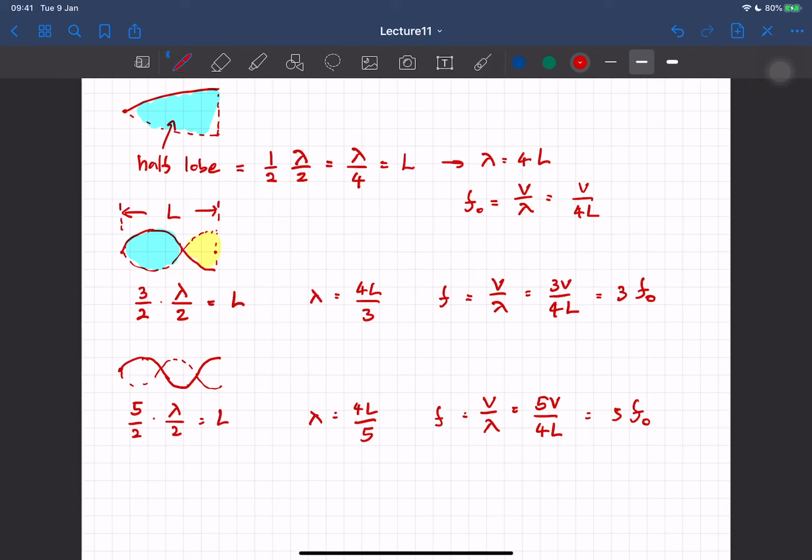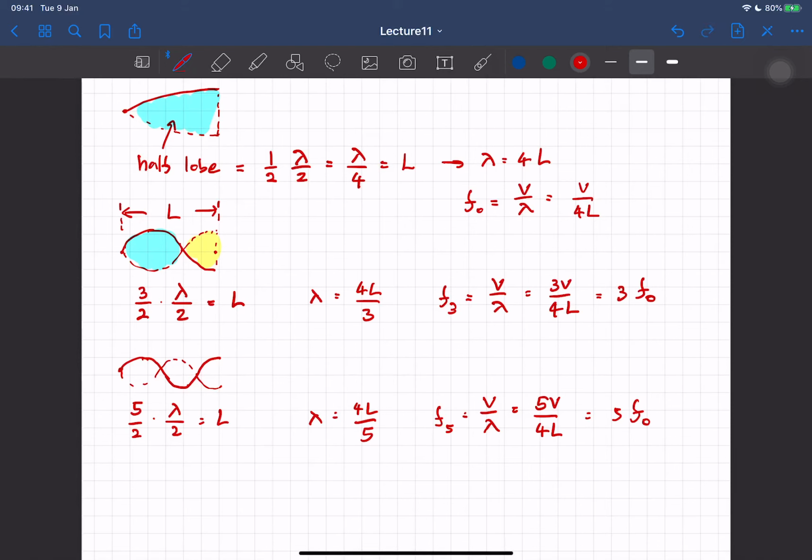And if it's 3 times f0, there's no reason to call this the second harmonic, because we want to keep the term harmonic such that the second harmonic is twice the fundamental frequency, the third harmonic is 3 times the fundamental frequency. In this case, even though it's the next one happening here, we don't call it second, we call it third harmonic, because it's still 3 times f0.